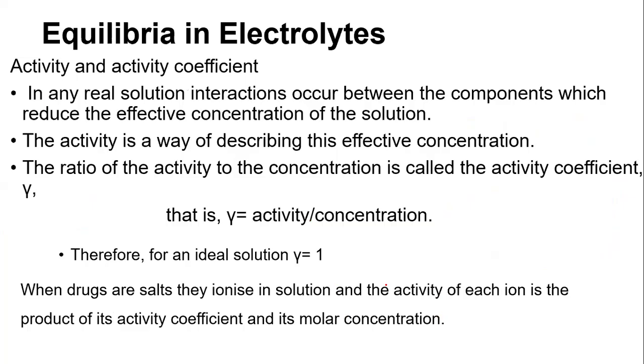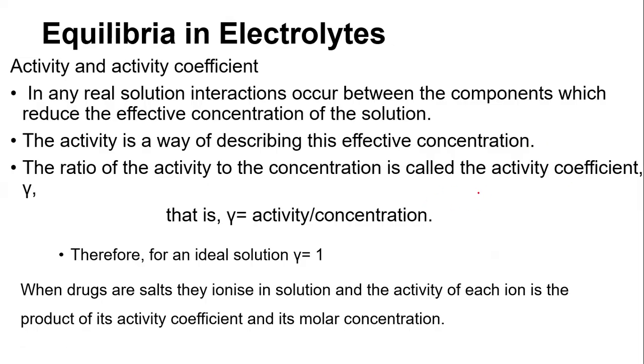Activity and activity coefficient. I've explained all these, so I'll just go over them. In any real solution, interactions occur between the components which reduce the effective concentration of the solution. The activity is a way of describing the effective concentration. The ratio of the activity to the concentration is called the activity coefficient. So this is very simple maths.